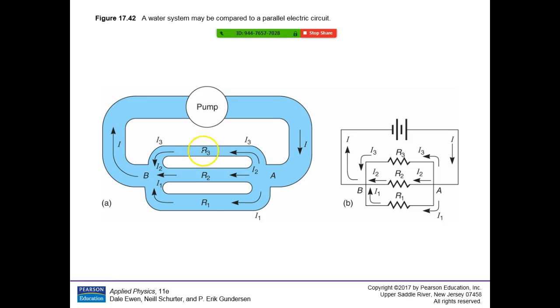Well, if you put one resistor down here, that would be a small pipe here, another small pipe here, another small pipe here. You got some current, some water flowing through here, some through here, and some through there. If they're different sized pipes, a different amount of water is going to flow through. But to get the total water through, you would need a bigger pipe.